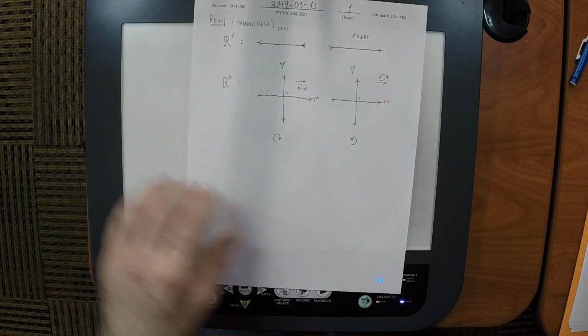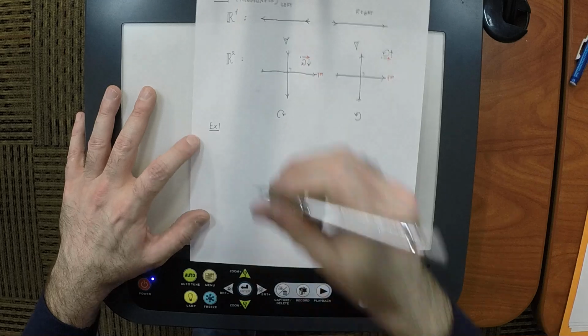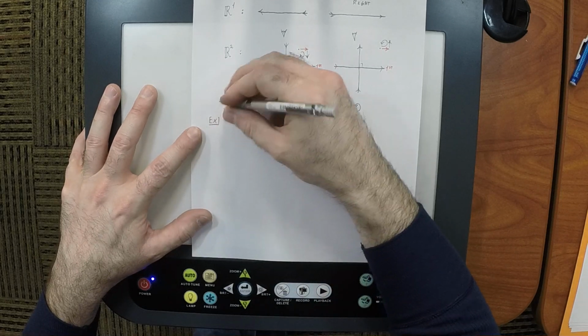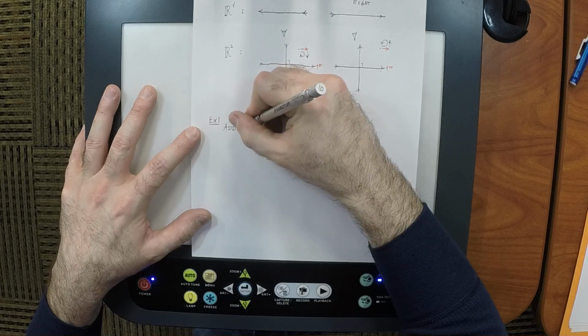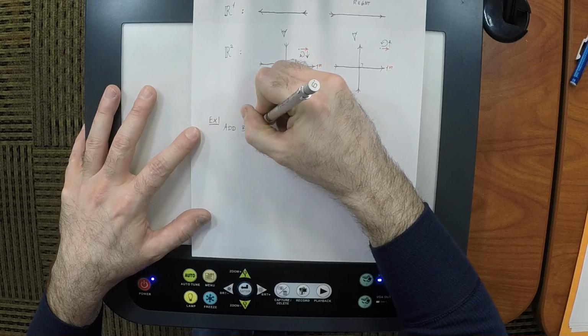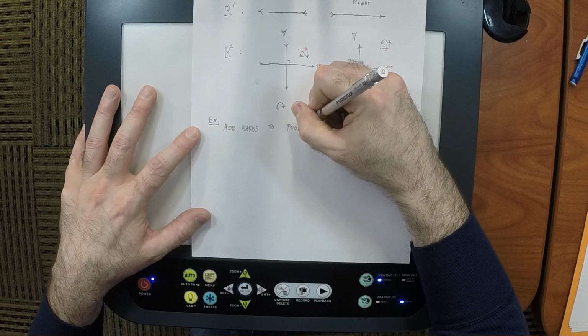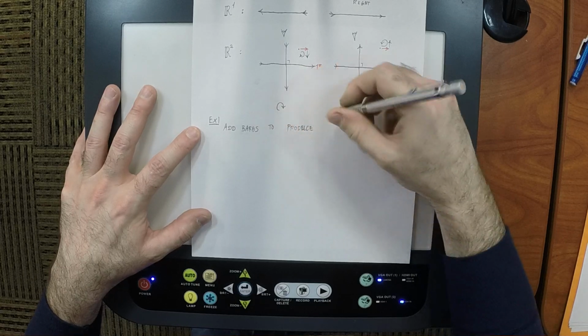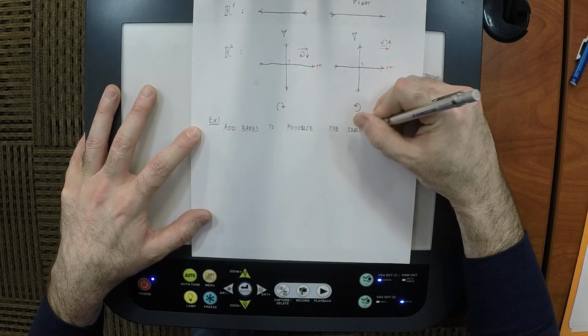Okay, so now here's the question. Add the barbs to produce the indicated handedness.